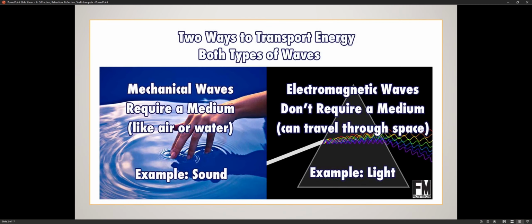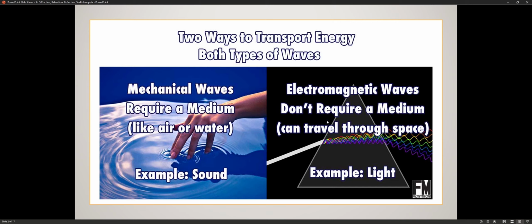Before we talk about refraction, I want to discuss the two types of waves again. Mechanical waves require a medium to travel through. For example, sound. Sound requires vibrating air molecules to transfer. And water waves require water.